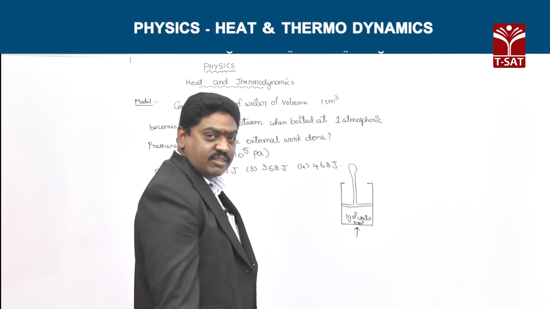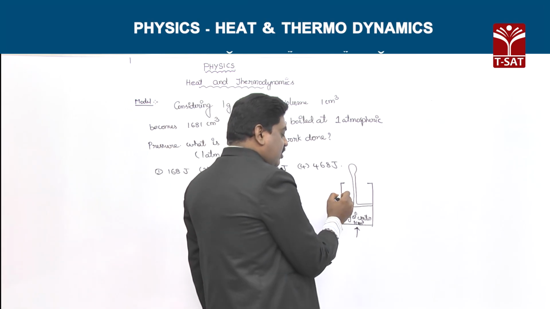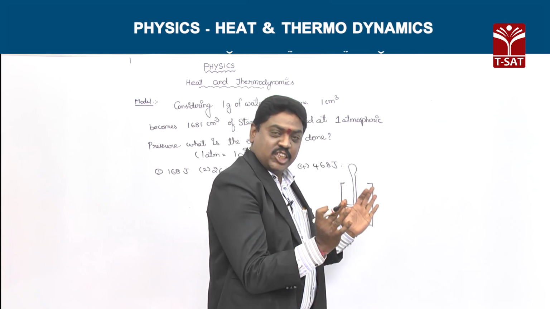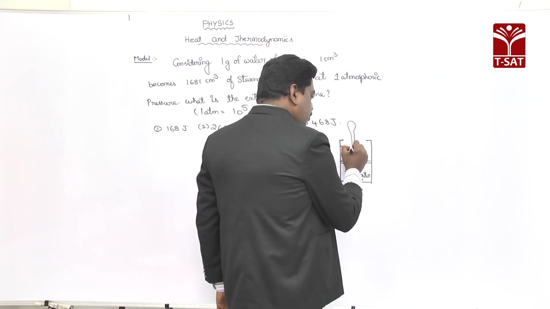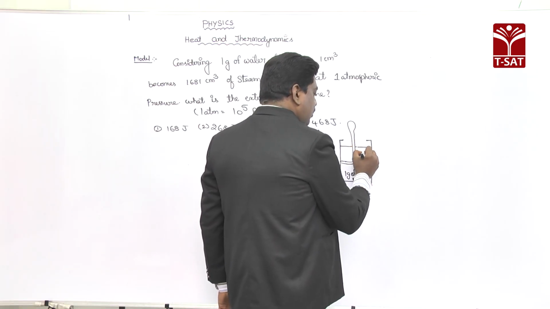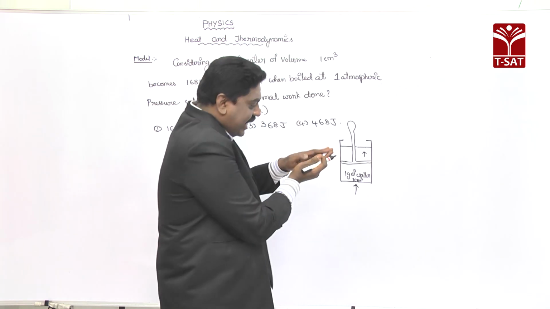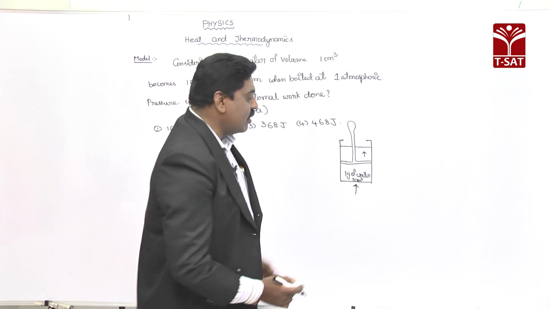Heat is supplied to the system. When heat is supplied to the system, the gas expands and the piston moves upwards. As the gas is expanding, the piston is moving upwards.